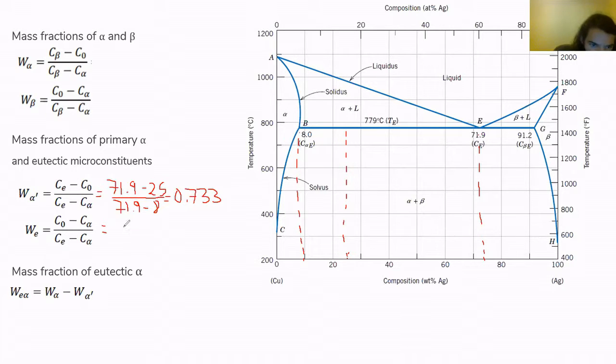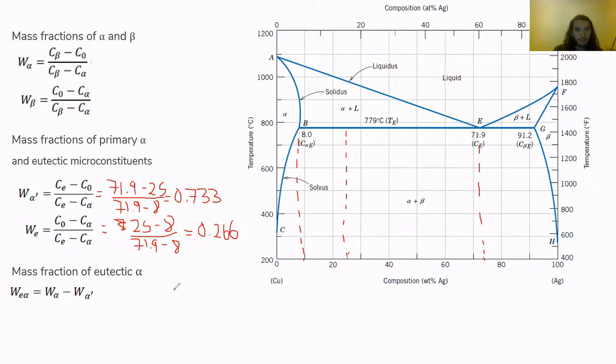So 25 minus 8 over 71.9 minus 8 equals 0.266.